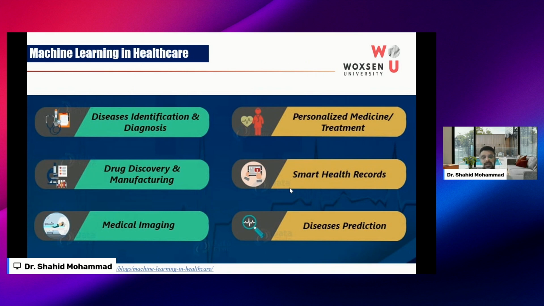The third one is medical imaging. Nowadays, if we talk about data, mostly 70-80% of the data is being generated in the form of images. In medical imaging, we can have X-rays and CT scans.